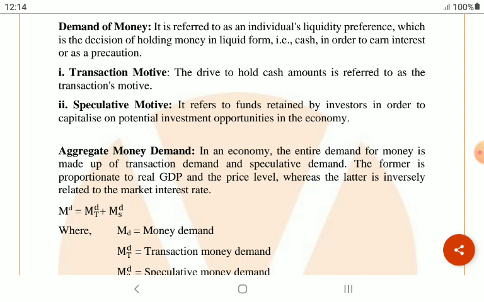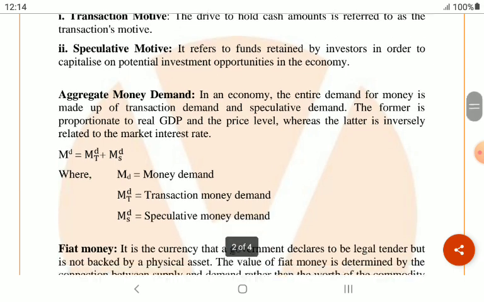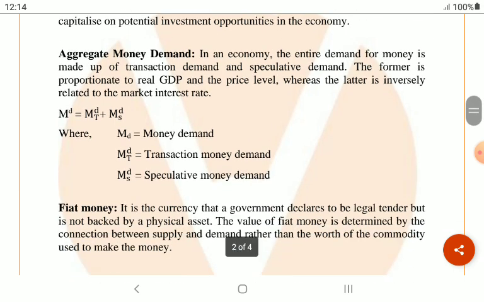Next is aggregate money demand. This is also an important question they may ask. In any economy, the entire demand for money is made up of transaction demand and speculative demand. The former is proportional to real GDP and the price level, whereas the latter is inversely related to the market interest rate.